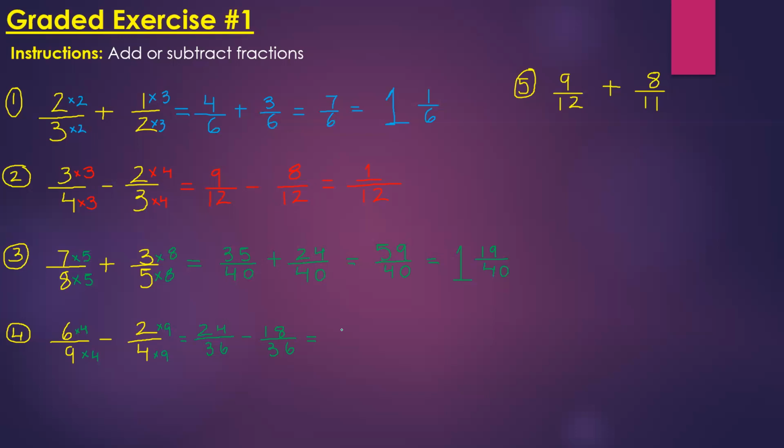What do you do after that, Darnie? Darnie, what do you do after this? You have 24 over 36 and 18 over 36. Subtract 24 and 18 equals 6 over 36. Okay, good. 6 over 36.